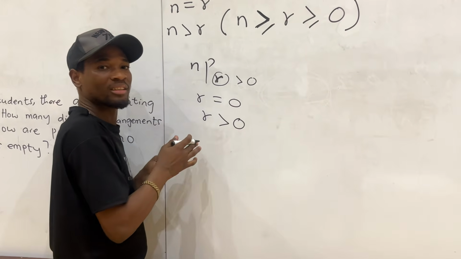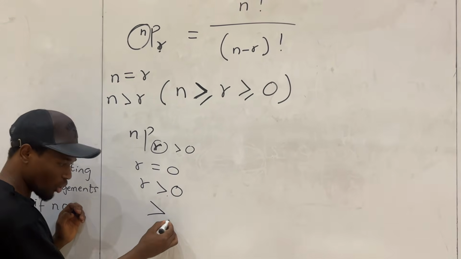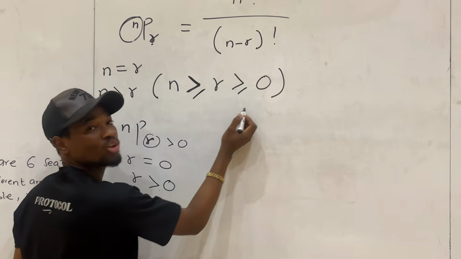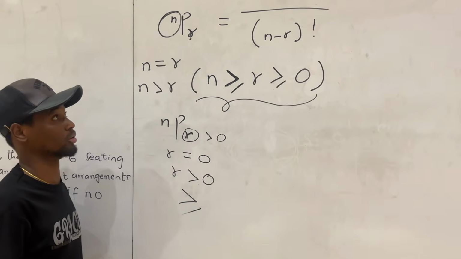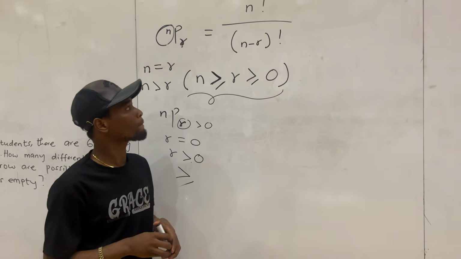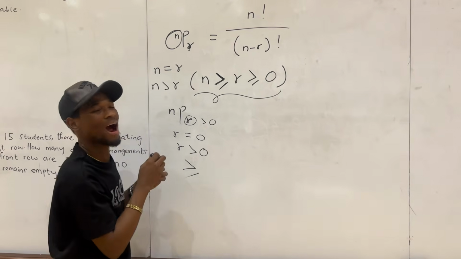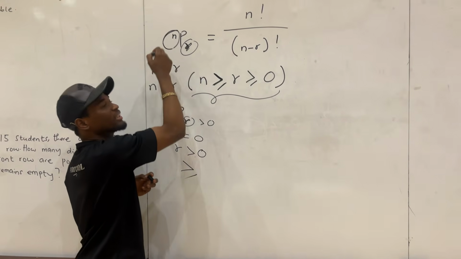So it's either greater than or equal to 0. So we have this inequality. As simple as that, right? Good. So this is n permutation R, taken R at a time. I'll explain what R means and what the n means.